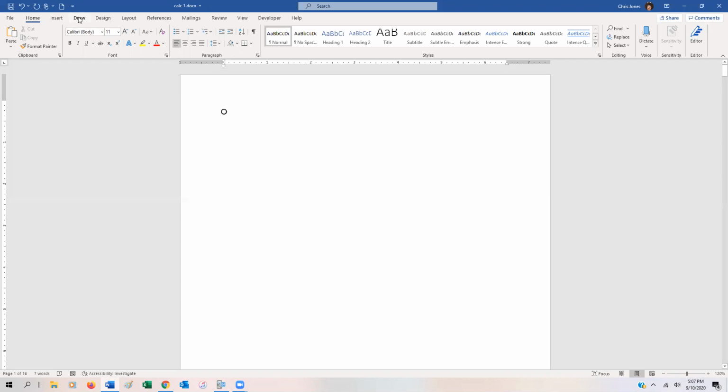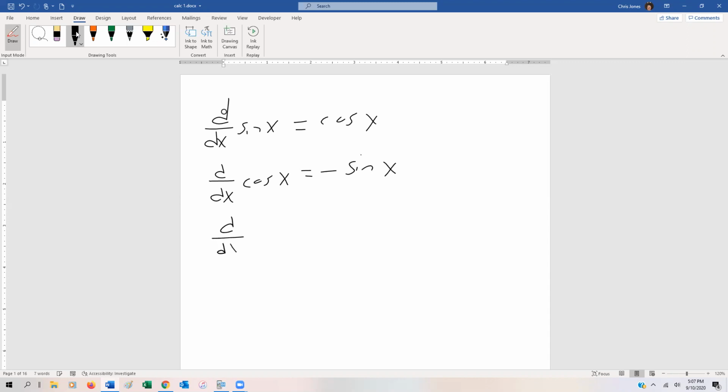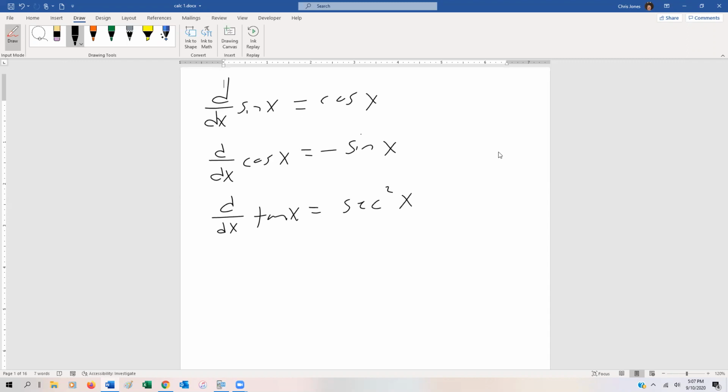So the derivative of regular old sine of x, so d/dx sine x, is equal to the cosine of x. The derivative of cosine of x is equal to negative sine of x. The derivative of tangent of x is equal to secant squared of x. And then we have the cofunctions.